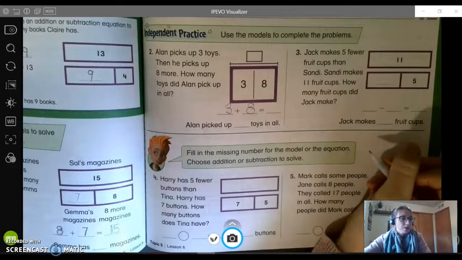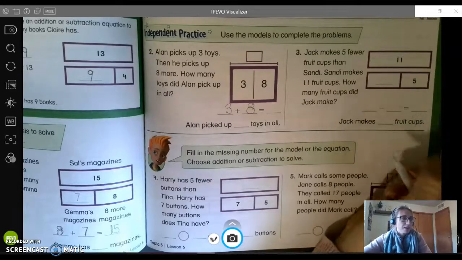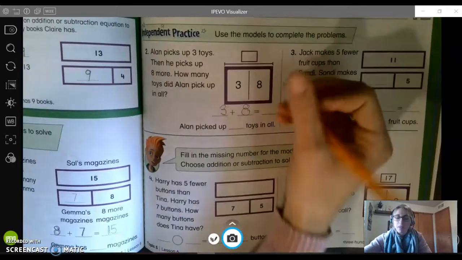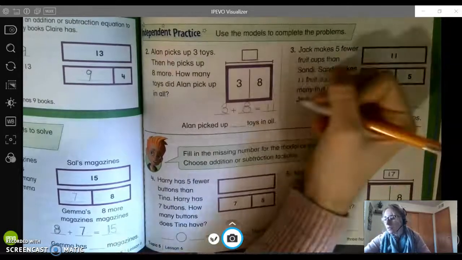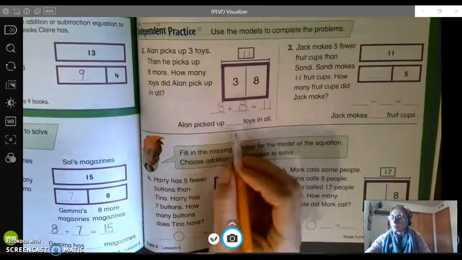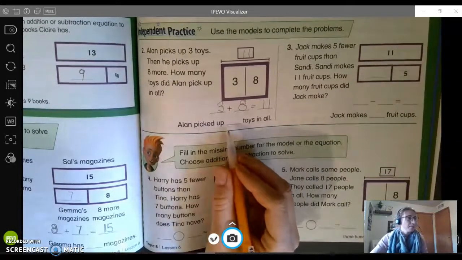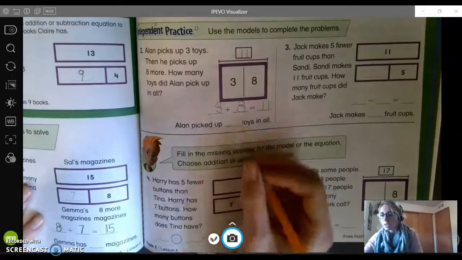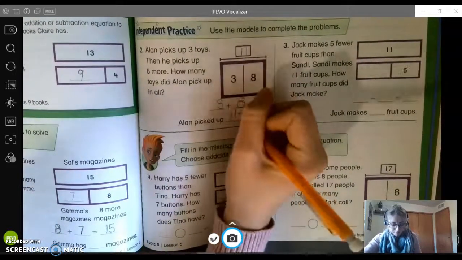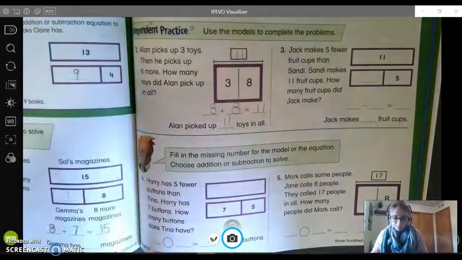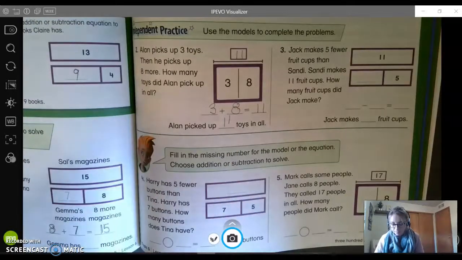So then when I add 3 plus 8, I can use my number line, I can draw pictures, I can use my fingers. And that makes 11. And 11 is what needs to go at the top for our whole. And it just asks you again, Alan picked up how many toys? 11. Okay?